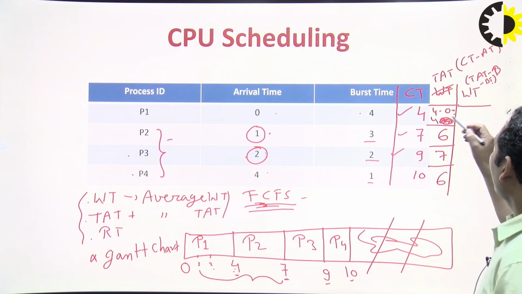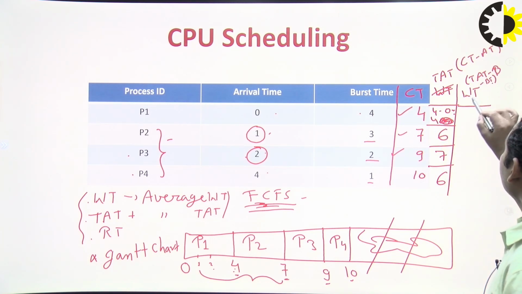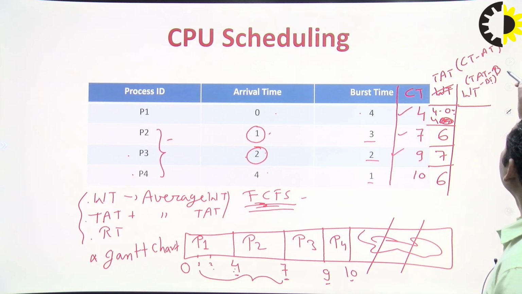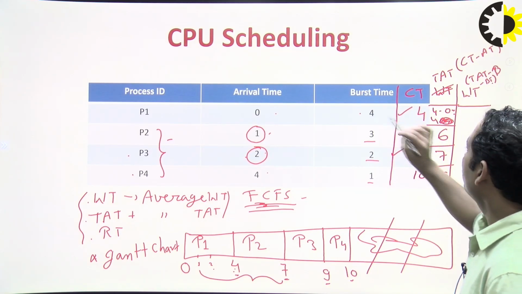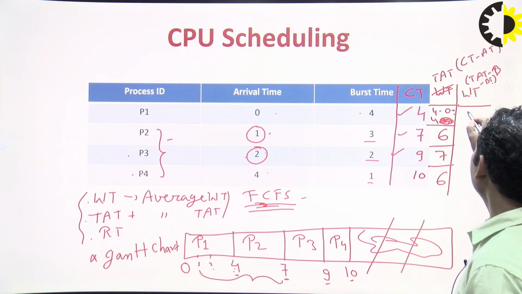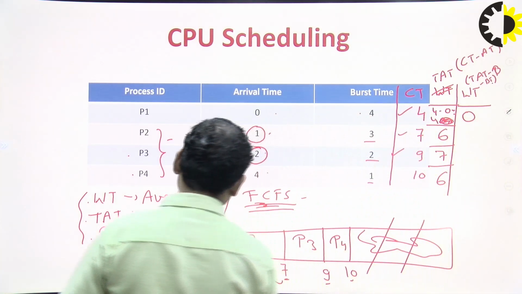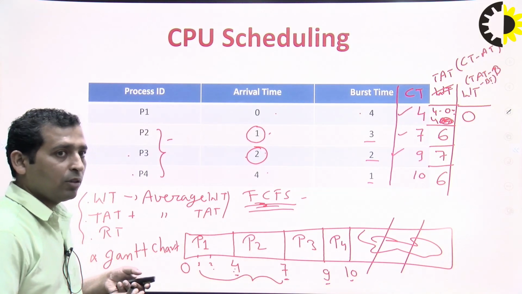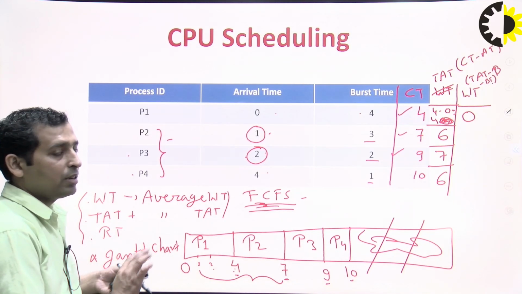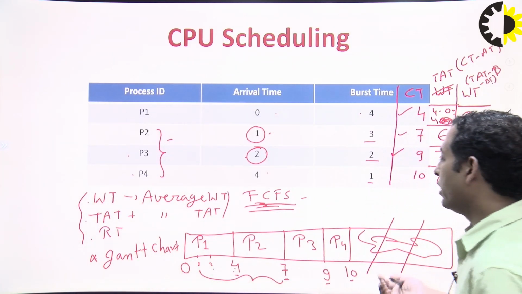TAT is 4 and BT is 4, so 4 minus 4 is 0, meaning no waiting time for P1. P1 just comes into the RAM and is allocated to the CPU, so P1 does not wait to get the CPU.